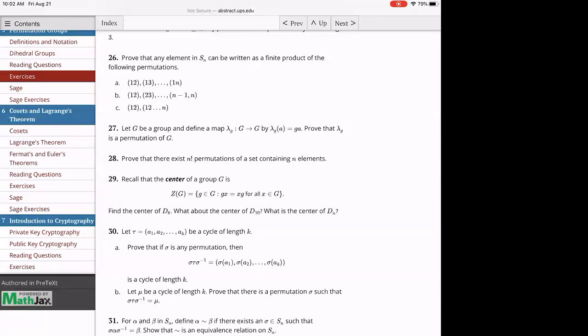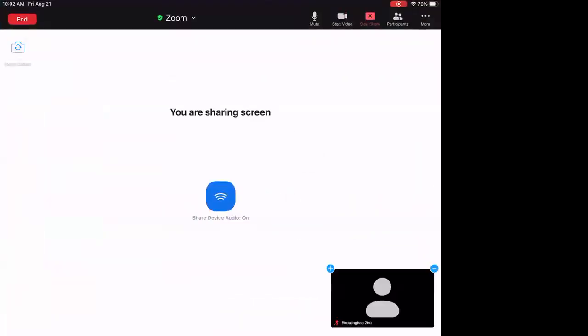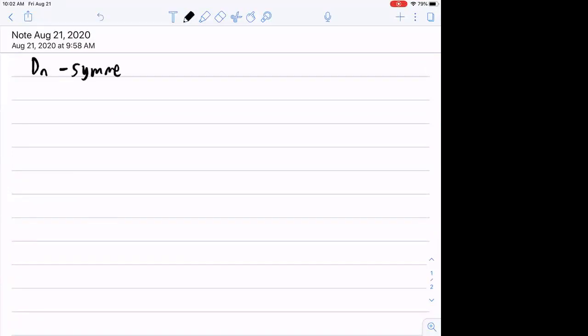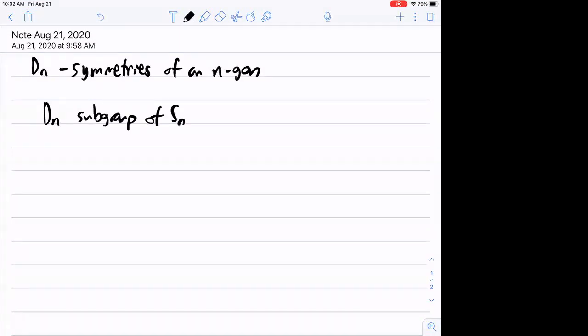Okay. So let's get started. So Dn, and part of it is problem 37, so I could probably go over that. Symmetries. Recall this is symmetries of an n-gon. So Dn is a subgroup of Sn, because you could think of it as moving your vertices around, of order 2n.